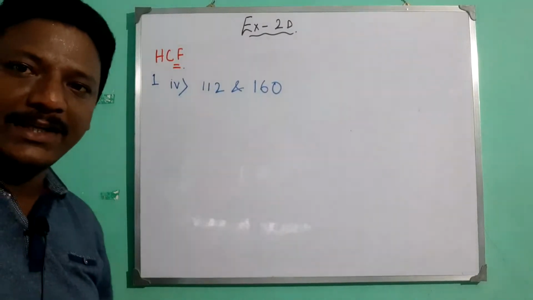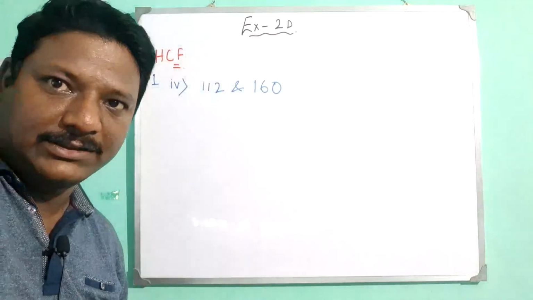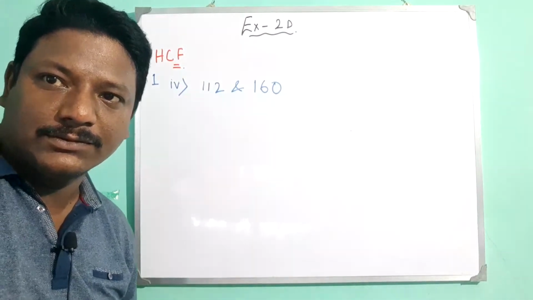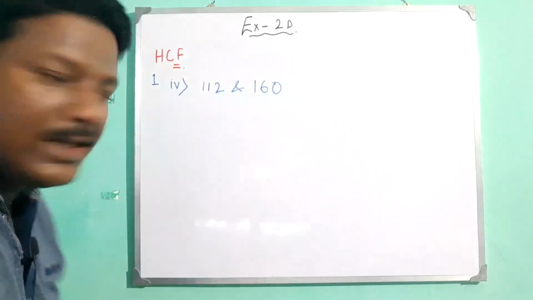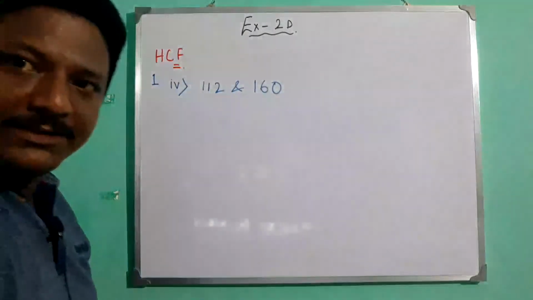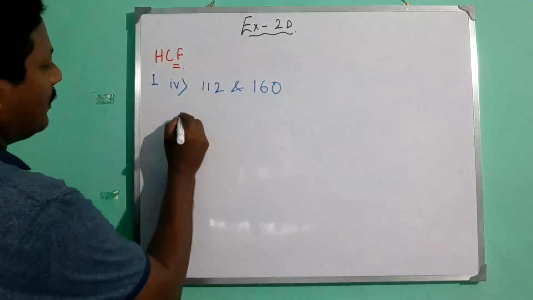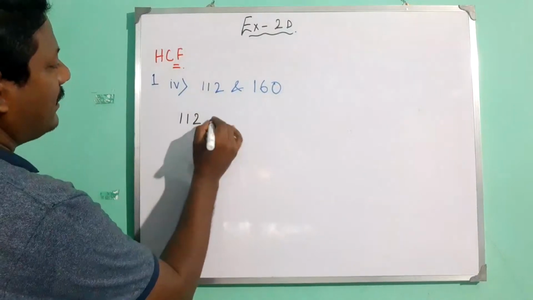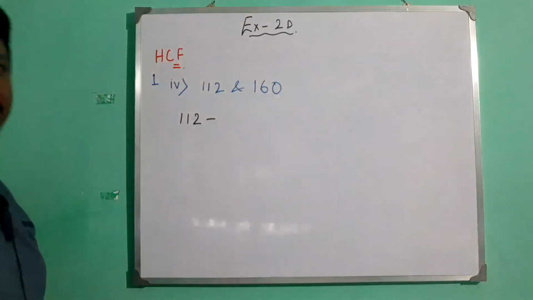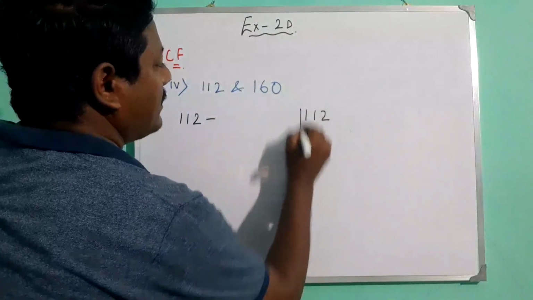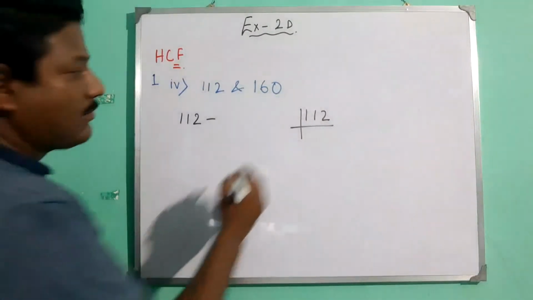You have to find the HCF of these numbers. Then I will go to the GCD. Okay, so write the number 112 and write all the factors with the help of factorization method.